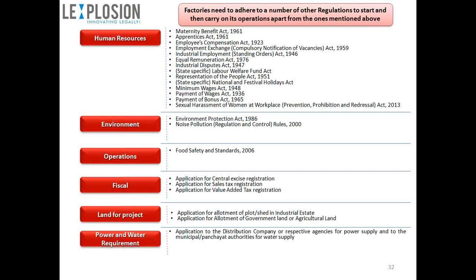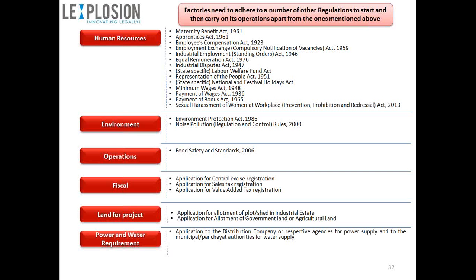HR personnel will need to ensure that they are in compliance with the Maternity Benefit Act, the Apprentices Act, the Employees Compensation Act, the Employment Exchange Compulsory Notification of Vacancies Act, the Industrial Employment Standing Orders Act, the Equal Remuneration Act, the Industrial Disputes Act, the Labour Welfare Fund Act, the Representation of Peoples Act, the National and Festival Holidays Act, Minimum Wages Act, Payment of Wages Act, Payment of Bonus Act, and the Sexual Harassment of Women at Workplace (Prevention, Prohibition and Redressal) Act 2013.